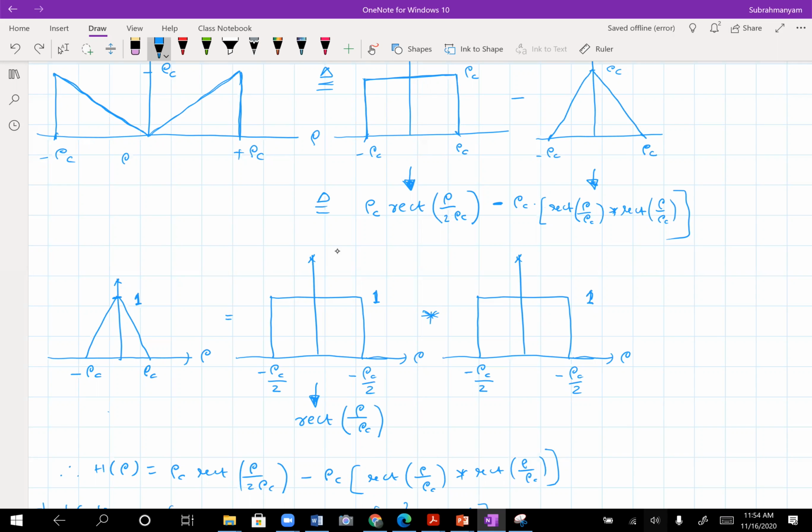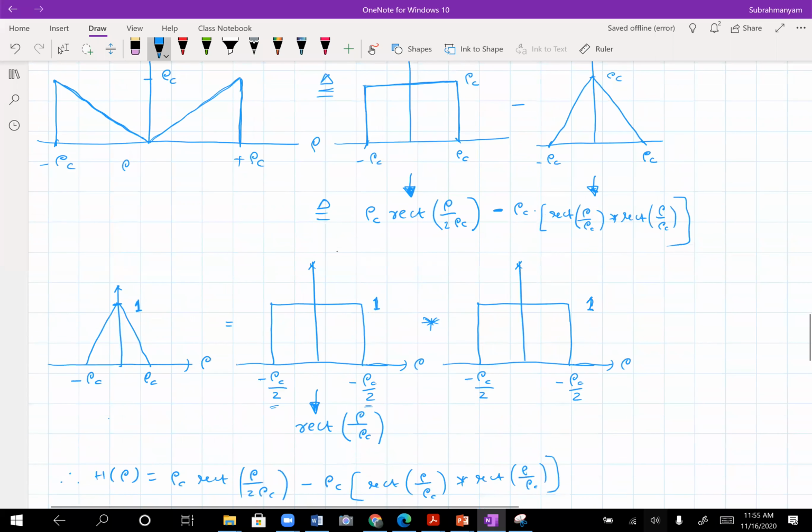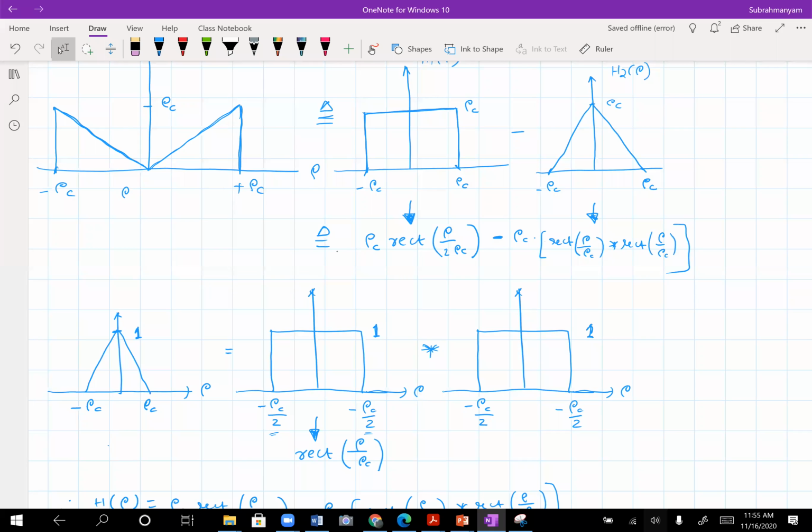The difference is that when convolving, it would go from minus 2 rho c to plus 2 rho c, so I make those limits minus rho c by 2 to plus rho c by 2. So this is equivalent to the convolution of these two.